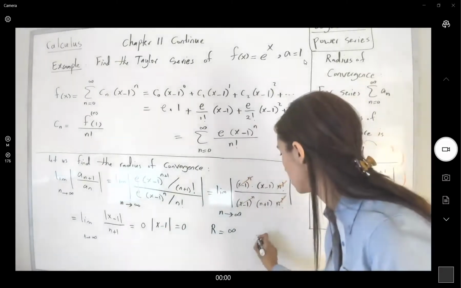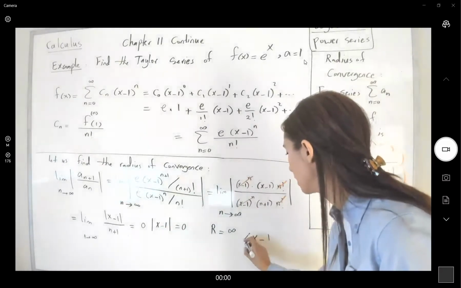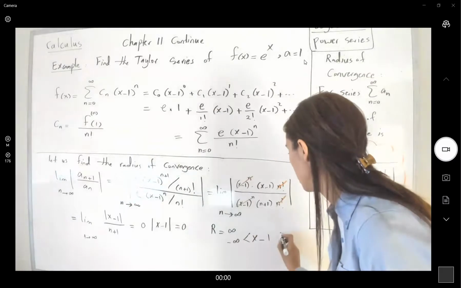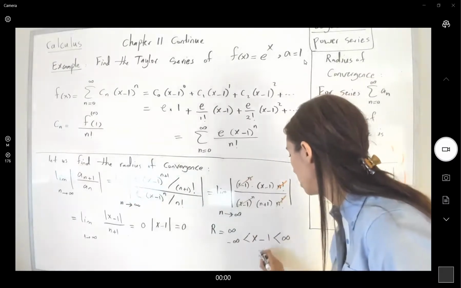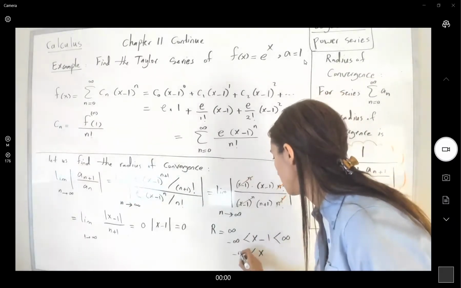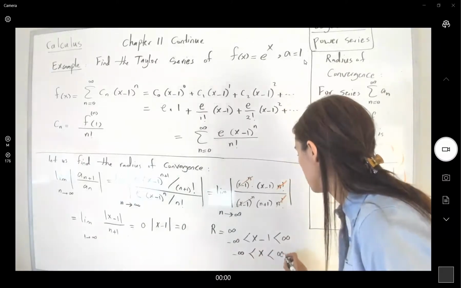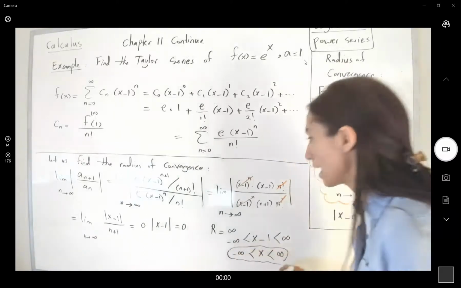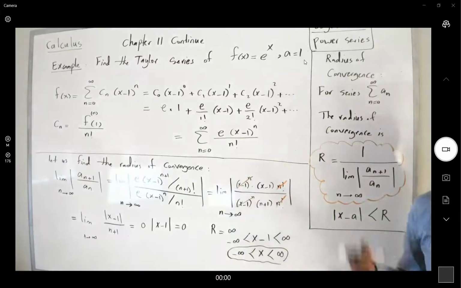So it means that your x minus a is between negative infinity and positive infinity, or x again is between negative infinity and positive infinity. All of these x values are accepted.